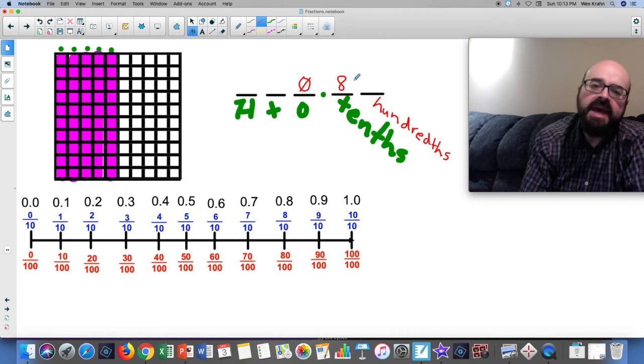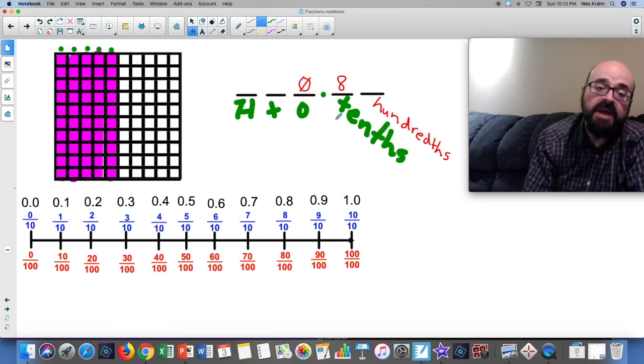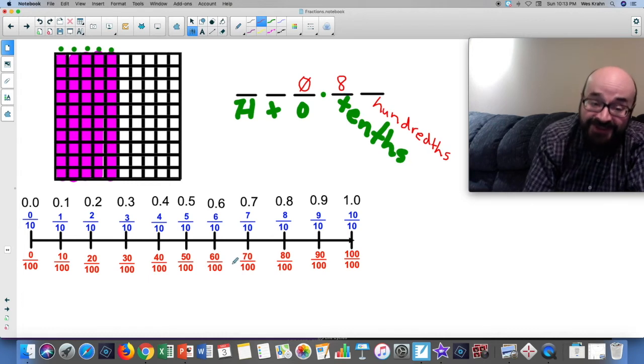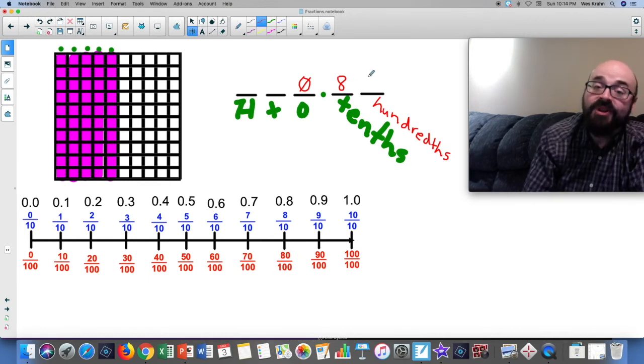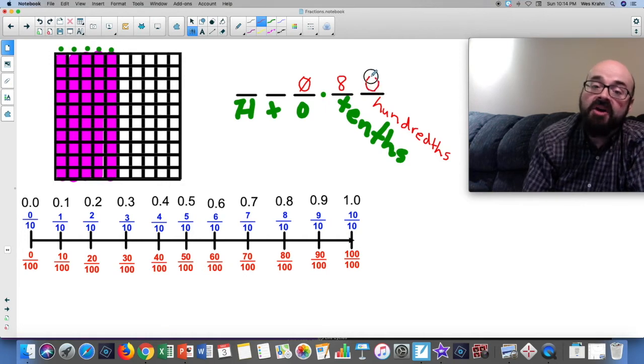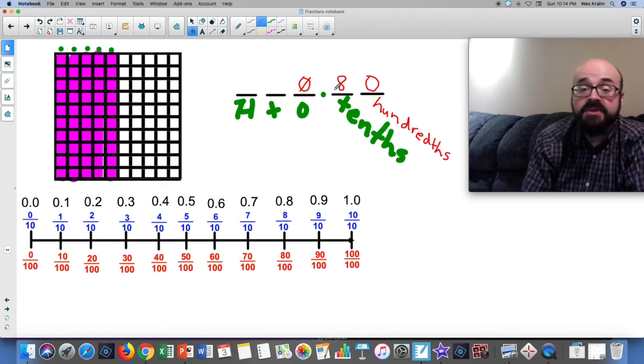What I would do in that instance is I would actually just do exactly what you see over here in the fractions, and I would write out the full 80, and as long as this place value here is being used, we would call this hundredths. So this would be 80 hundredths, this would be 90 hundredths, depending on what fraction we're actually using here, okay?